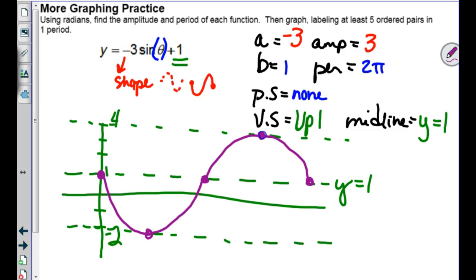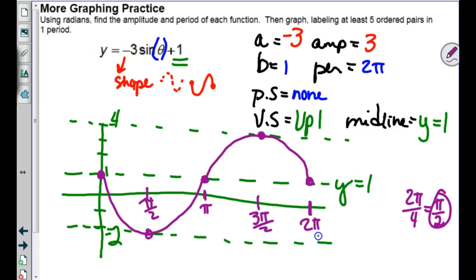All right, what about our x values? The period was just 2 pi. So halfway would be, now be careful, that's not where this is, it's where this ordered pair is, right? And where this ordered pair is would be, we divide that by 4, we're going to count by pi over 2. So this is pi over 2, 2 pi over 2, 3 pi over 2.